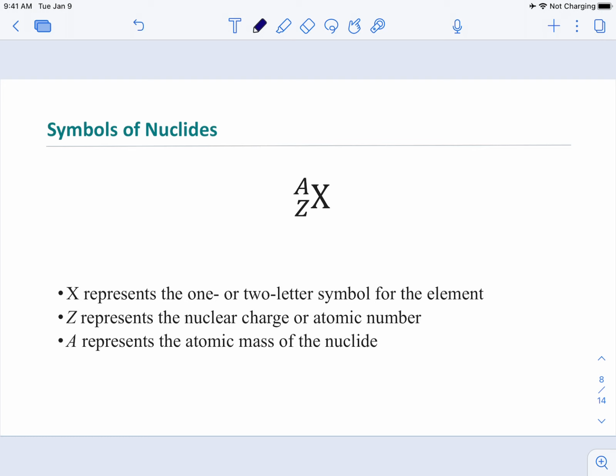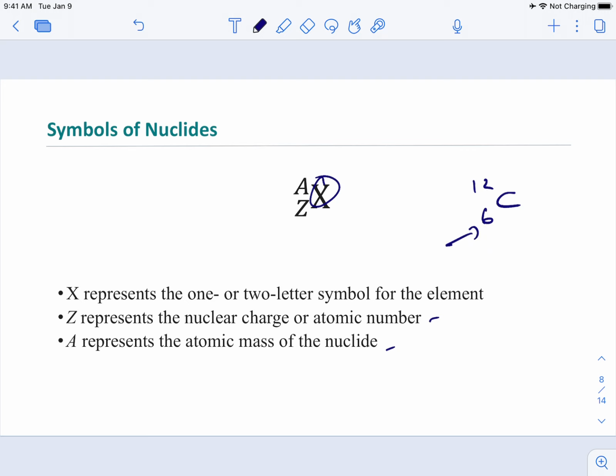And then we come up with this way to just symbolize these things. And what we have here is the element symbol. So if you had carbon, it would be C. And the top number is the mass of the nuclide. And the bottom number, the nuclear charge or the atomic number, which is the number of protons, if you will. So for carbon, you might see something like this.